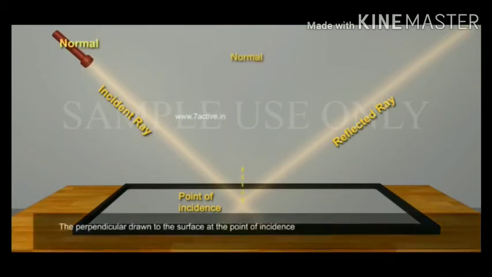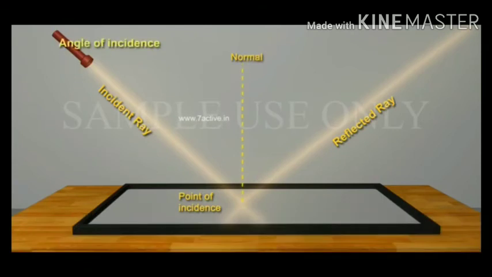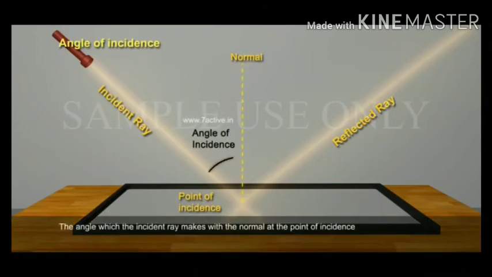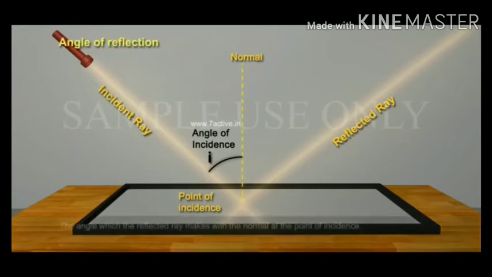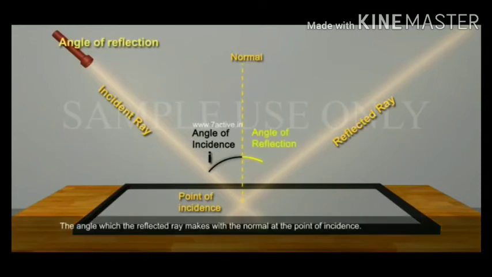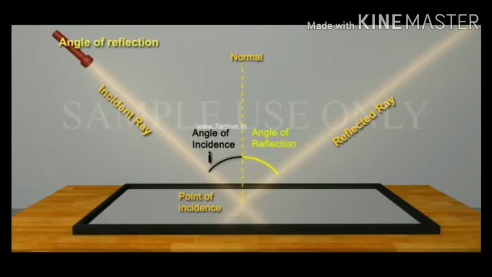The perpendicular drawn to the surface at the point of incidence. Angle of incidence. The angle which the incident ray makes with the normal at the point of incidence. It is denoted by the letter I. Angle of reflection. The angle which the reflected ray makes with the normal at the point of incidence. It is denoted by the letter R.